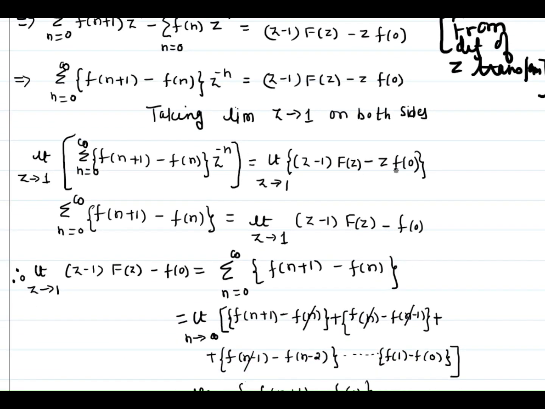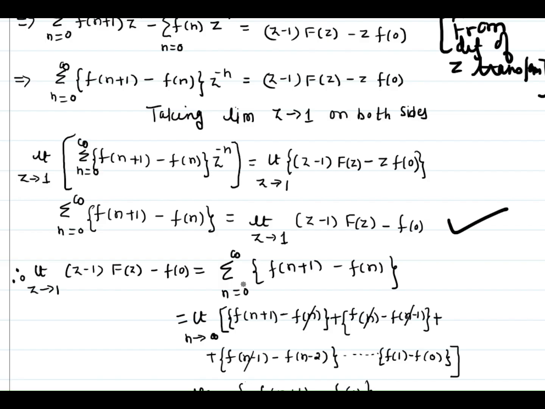So ultimately on the left hand side, limit z tends to 1, (z minus 1) F(z) minus f(0), is equal to summation n equals 0 to infinity of f(n+1) minus f(n). This we are writing here, and this we are writing here.